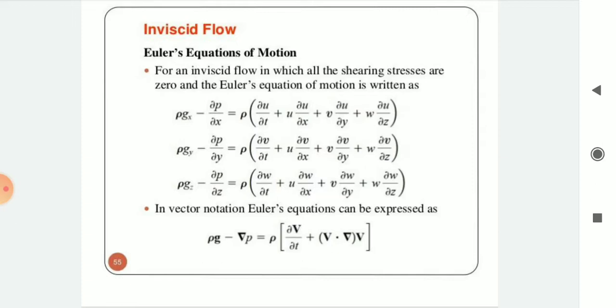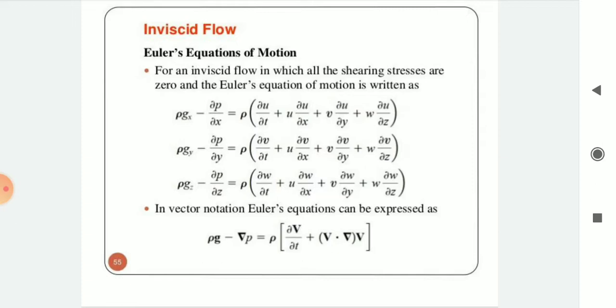Rho gy minus dp by dy equal to rho in bracket dv by dt plus u into dv by dx plus v into dv by dy plus w into dv by dz, and rho gz minus dp by dz is equal to rho in bracket dw by dt plus u into dw by dx plus v into dw by dy plus w into dw by dz.